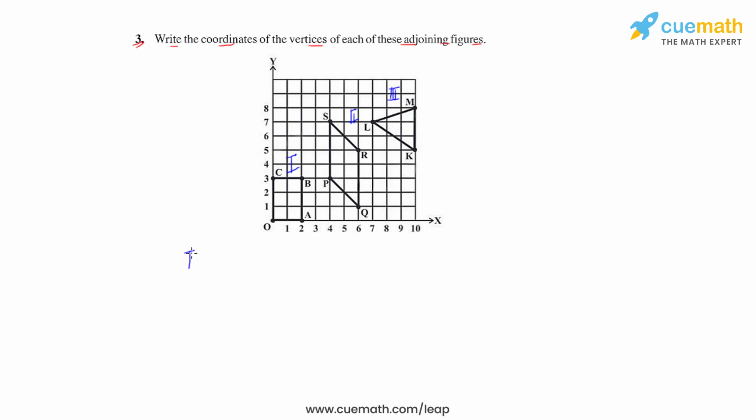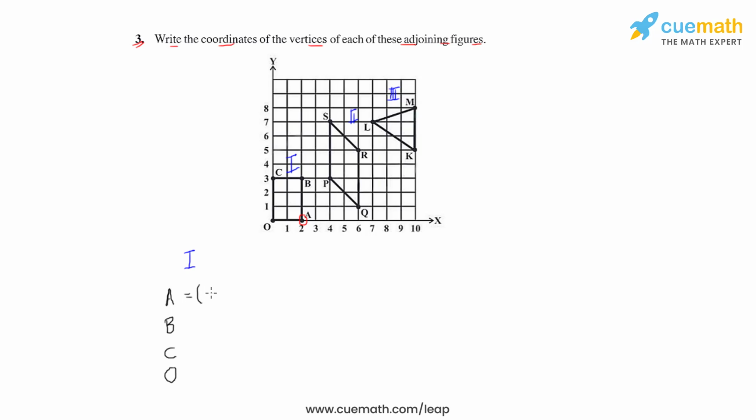So let us take the first figure, and in this first figure we have the 4 vertices as A, B, C and O. Now if we observe the position of the vertex A, we see that it is located on the x-axis. Hence, the value of the y-axis for this point would be 0.